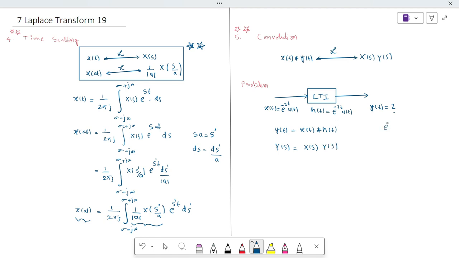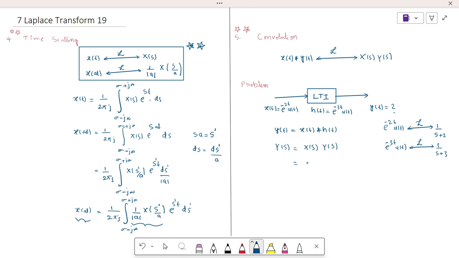So here e power minus 2t into u of t is equivalent in s domain to 1 by s plus 2 in Laplace. Similarly, e power minus 3t into u of t equals 1 by s plus 3.